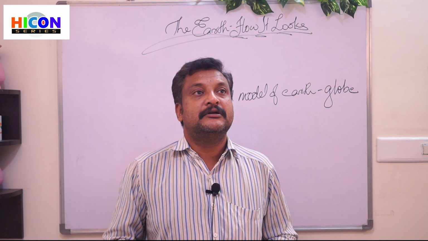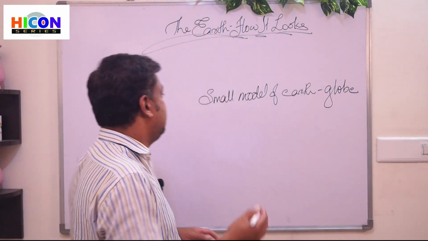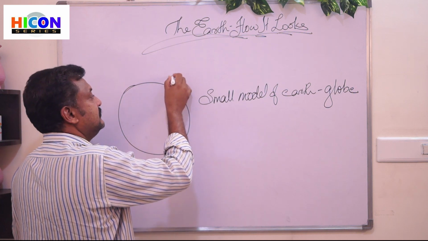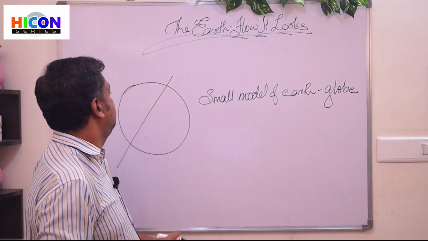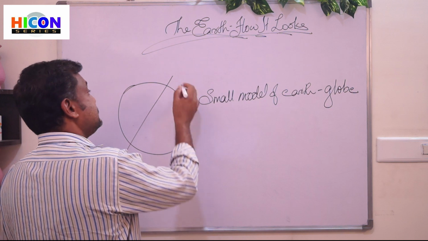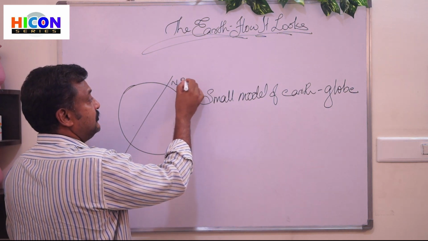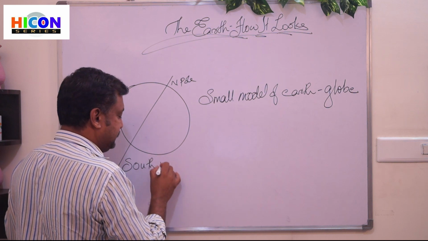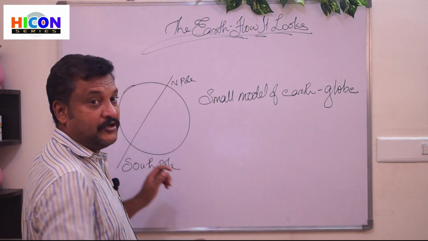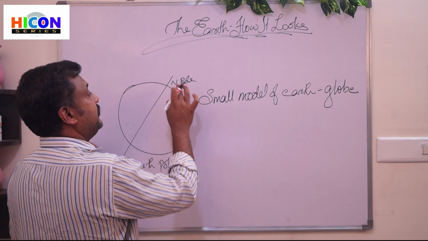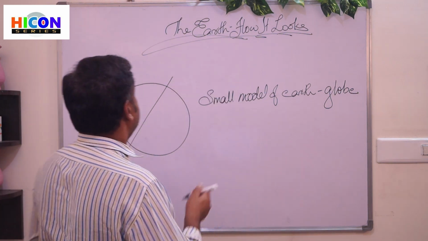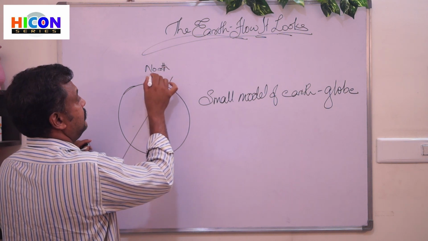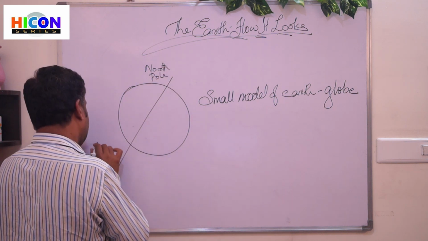For example, we believe if this is earth, there is an axis, isn't it? There is an axis that passes through the North Pole and the South Pole, isn't it? So the globe also is positioned in the same way. This is the North Pole.